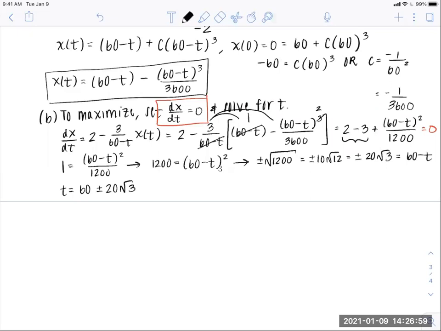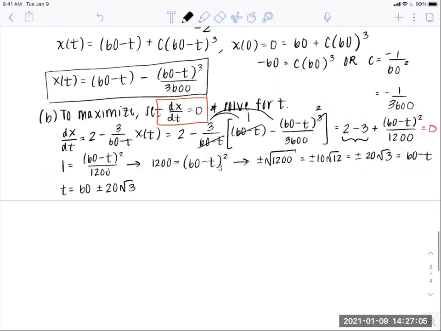All right, now only one of these makes sense. At this point, if you plug this into your calculator, we do know that the positive one isn't going to make sense because that means t is greater than 60, and there's no way we could obtain a maximum in the tank at that point because the tank would be empty. So I'm just going to make a note here that t must be less than or equal to 60. So we know that t must equal 60 minus 20 root 3.